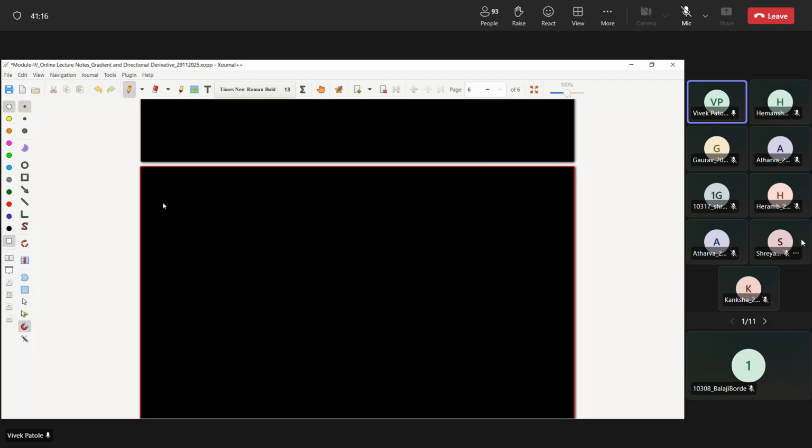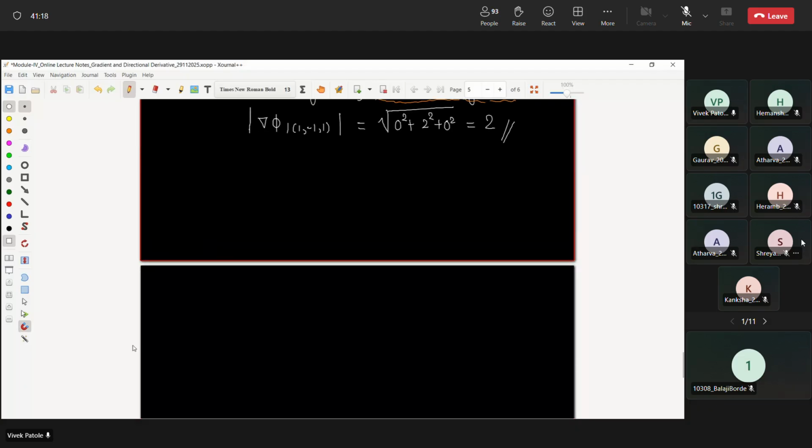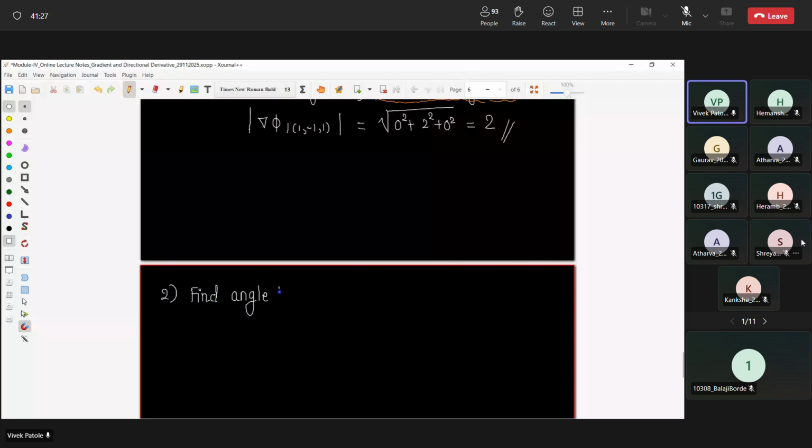Second example, find angle between two surfaces.